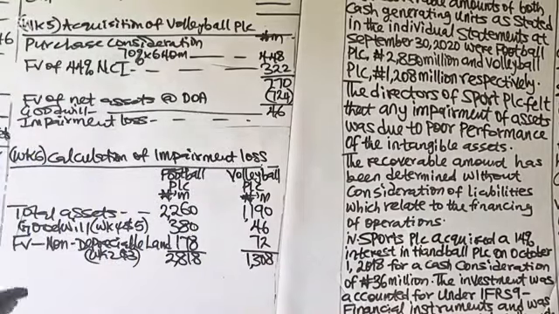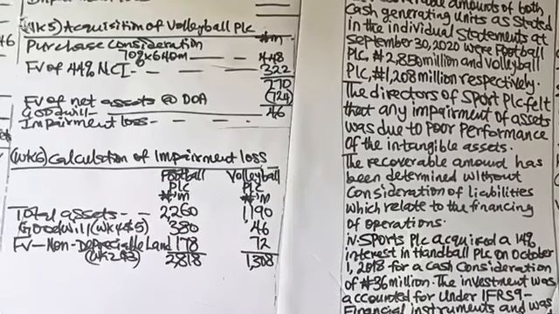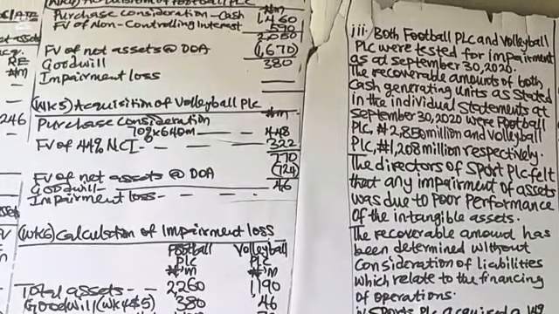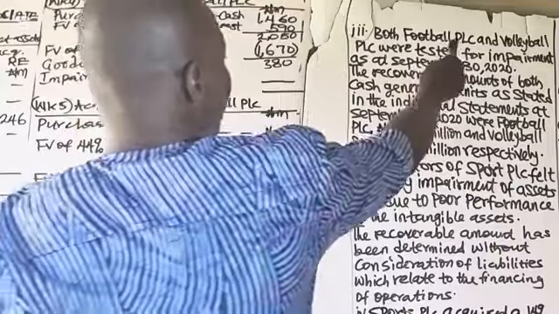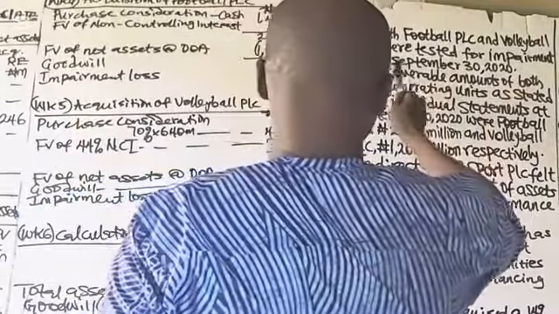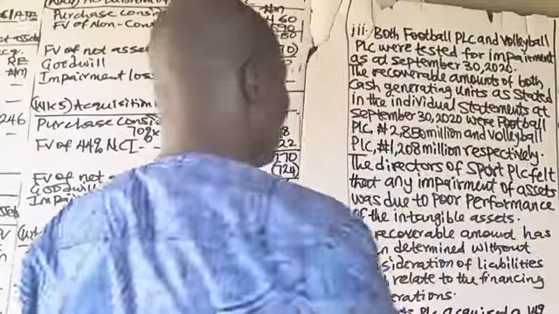Now, let's go through additional information number 3. You were told both football PSC and volleyball PSC were tested for impairment as at September 30, 2020.